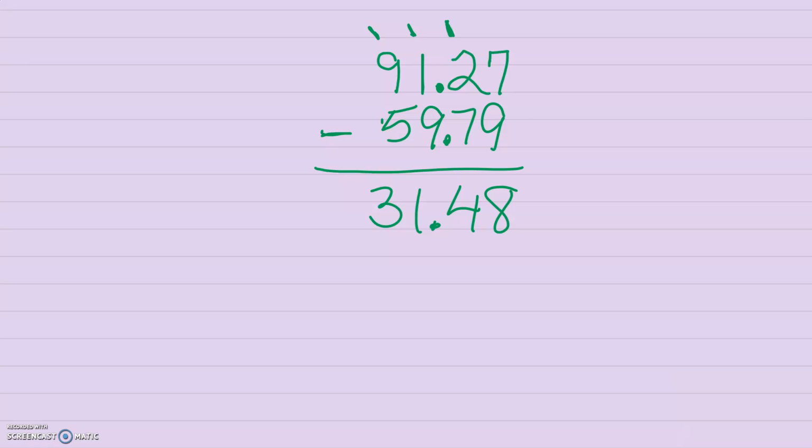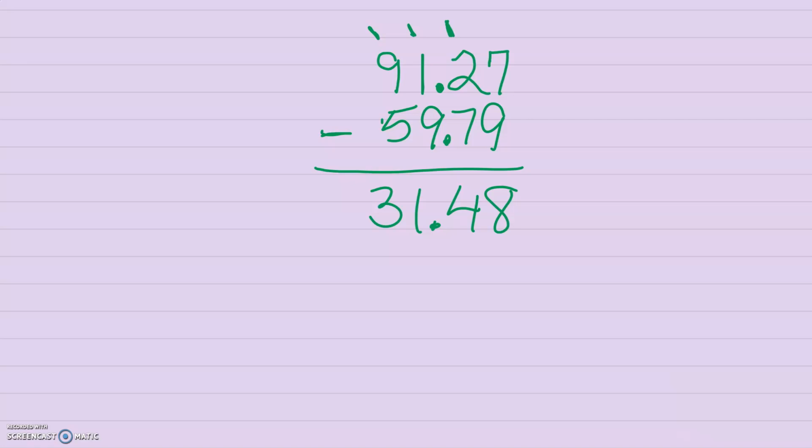So that means we have to borrow a regroup from our 1s. So when we do that, we would have 11 minus 7. And our 1 in our 1's place would become a 0 because we regrouped a whole 1 into 10 tenths. So 11 minus 7 is 4. So we write down our 4 there, so that's good.